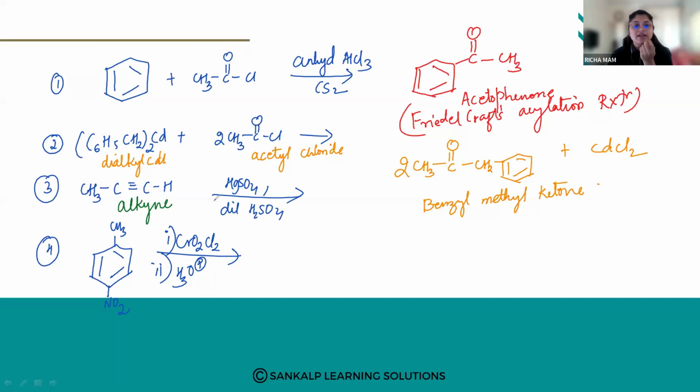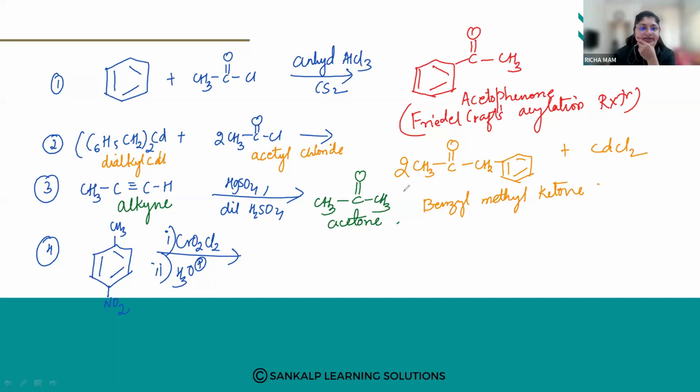If you have other than that, then we are going to get a ketone. So it will be CH3, C double bond O, CH3. So we got acetone. We have seen this from alkynes in the general reactions.